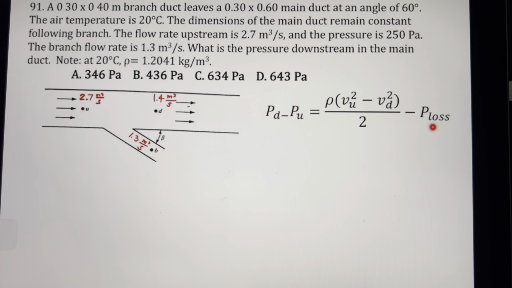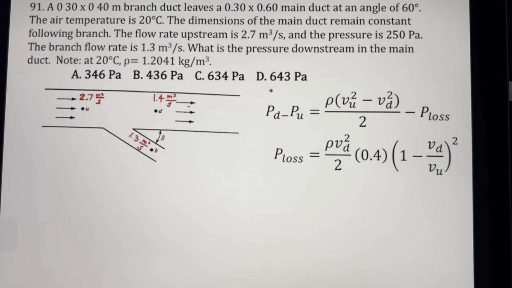But since there is a branch duct at a certain angle, there will be some pressure loss. And that pressure loss has a derived formula of density times Vd squared over 2 times 0.4, a factor, times 1 minus downstream over upstream velocity quantity squared.